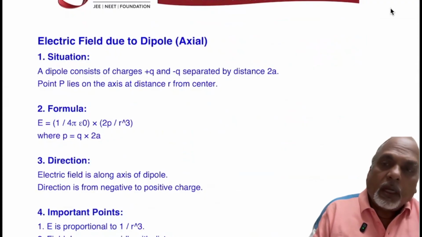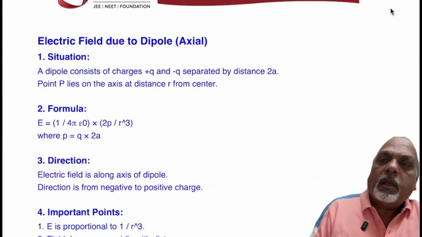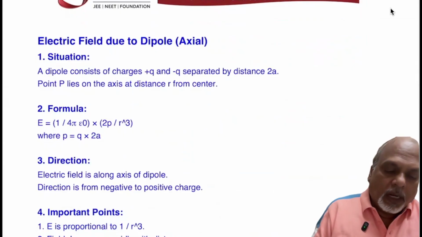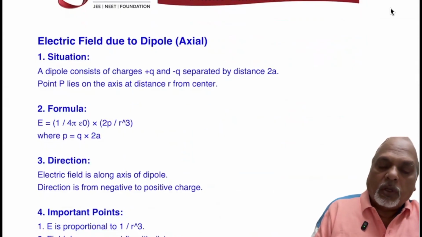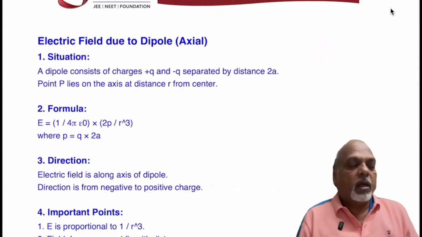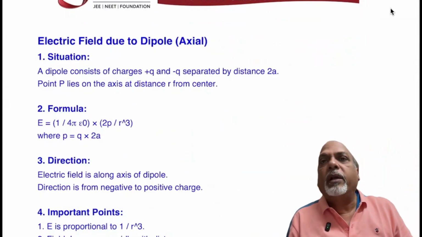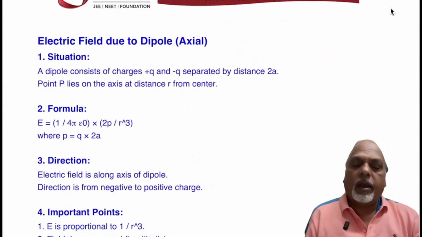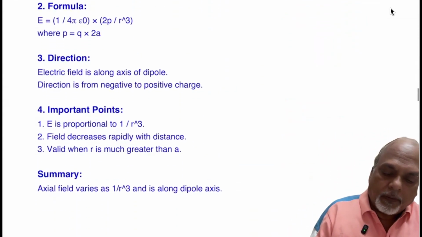Now let us see the electric field due to dipole. There are two types of electric fields, one on the axial axis and another on the equatorial axis. So let us derive the formula for axial electric field and equatorial electric field.